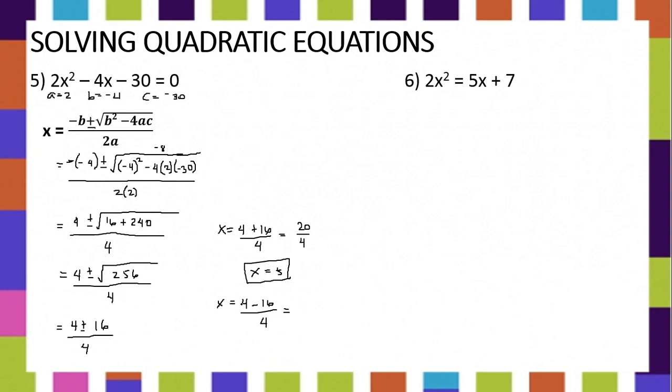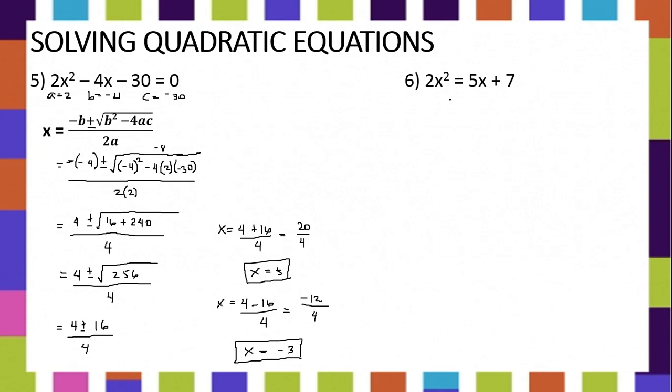Yung isa naman, 4 minus 16 is equal to negative 12 over 4. So, ang x natin will be negative 12 divided by 4, negative 3. And ang x natin is negative 3 and then positive 5.